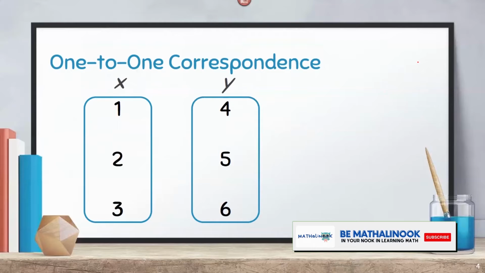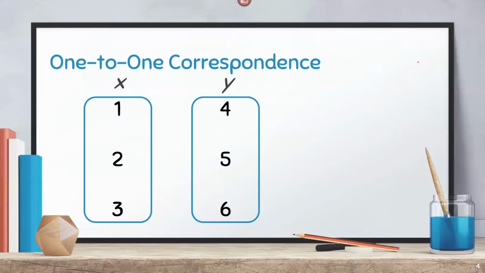Aside from writing the relation as set of ordered pairs, it can also be written in mapping form. Mapping is a way of pairing x values to y values. Mapping also shows different correspondences. For example, when we say one-to-one correspondence, it means that each value of x is paired to only one value of y.